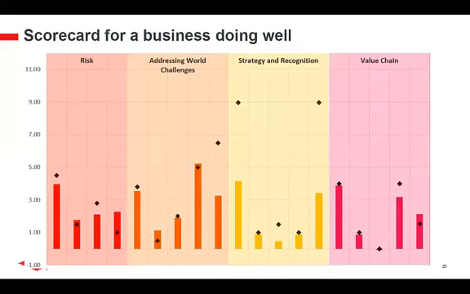With this, a business can see where they're doing well, and in this case, the business got a couple of high scores, the 9s in the yellow section, which were for awards and innovations, and also use of LCA and portfolio analysis.